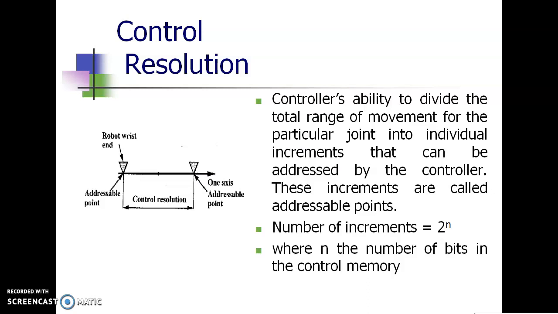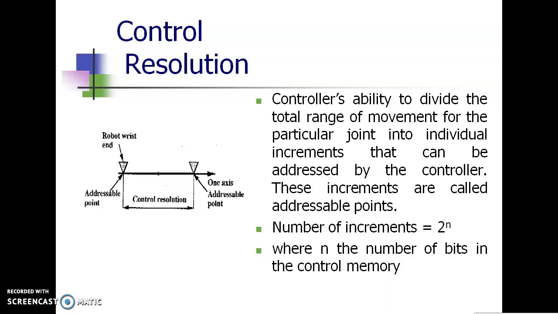Control resolution is the controller's ability to divide the total range of movement for a particular joint into individual increments that can be addressed by the controller. So the spatial resolution is a single increment in the work volume, but control resolution concerns the range of movement in a particular axis.